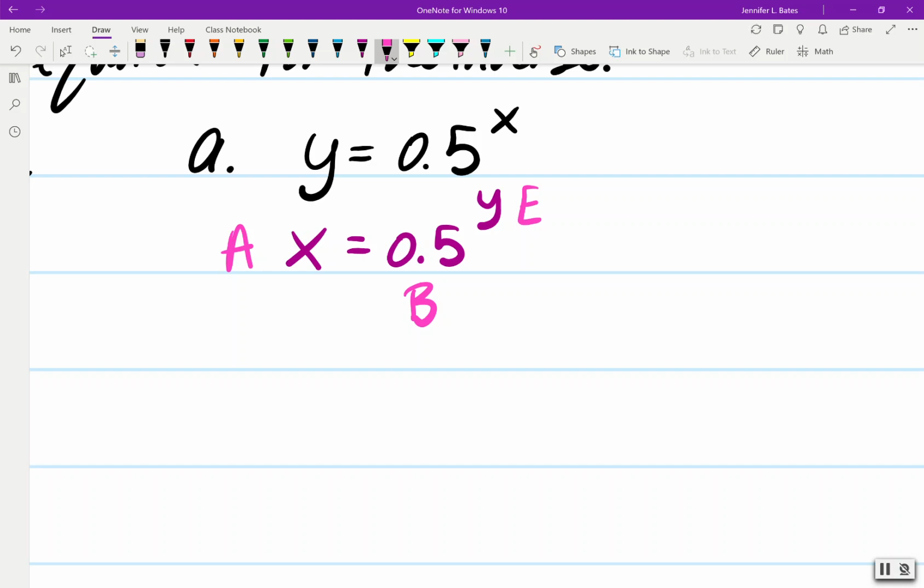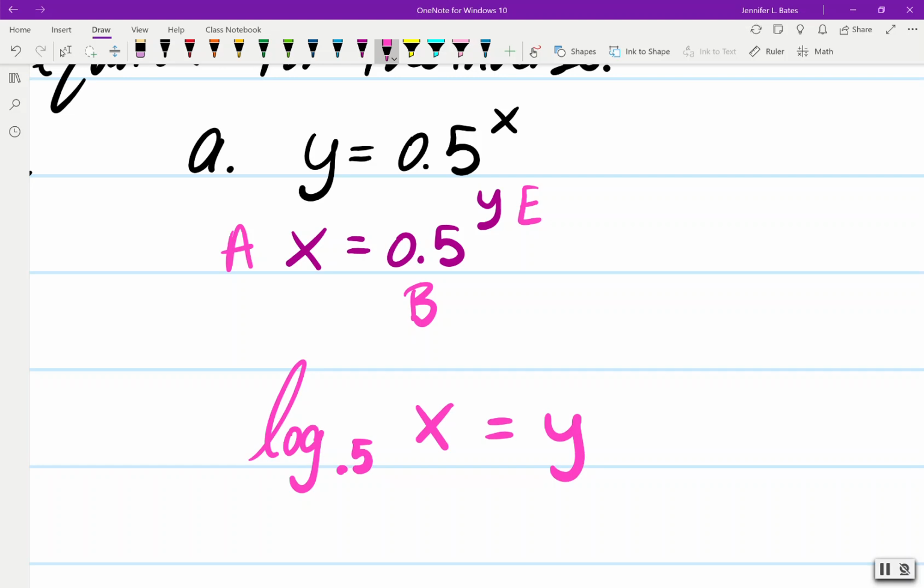Now when I write this as a log, all I'm going to do is unscramble the letters to be B, A, E. I want to put them in that order. So this is going to be log base 0.5 of x is equal to y.